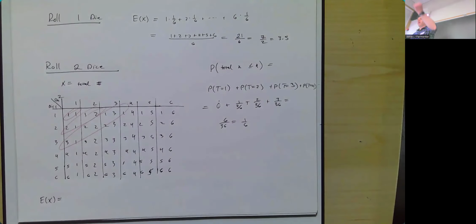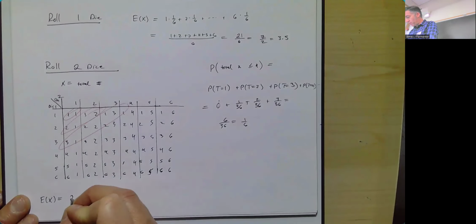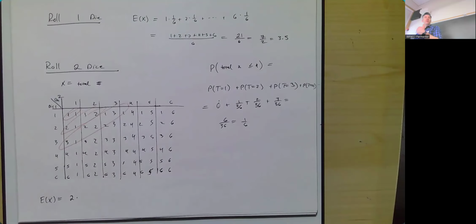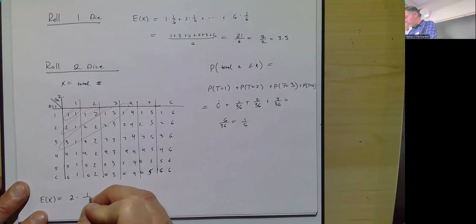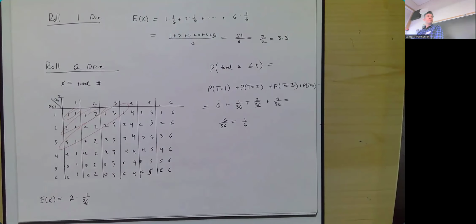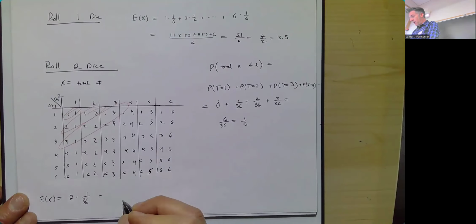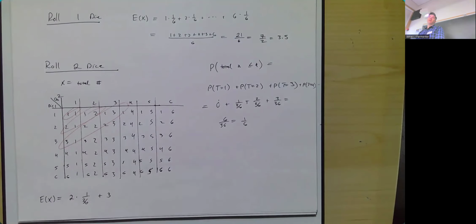So the expected value of X is each possible value multiplied by its probability. I could definitely roll a 2, and the probability of rolling a total of 2 is 1 out of 36. Plus, I could roll a 3. How many ways can I get a 3?